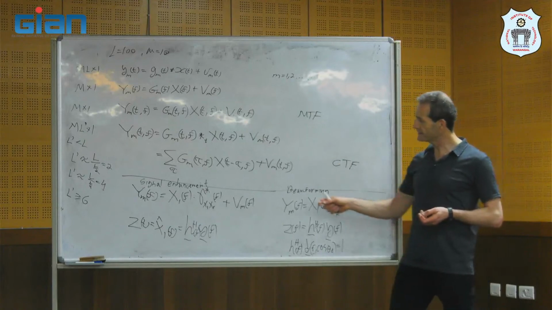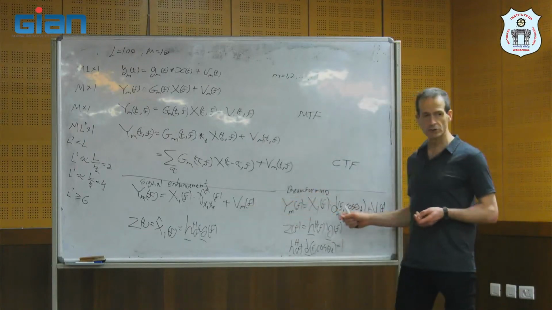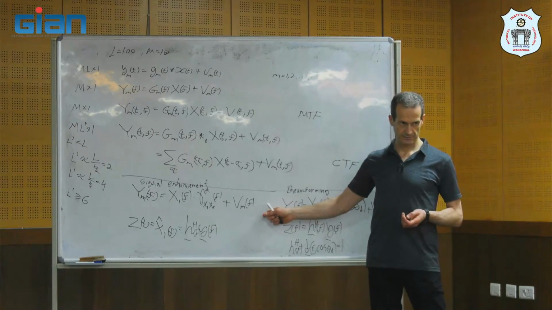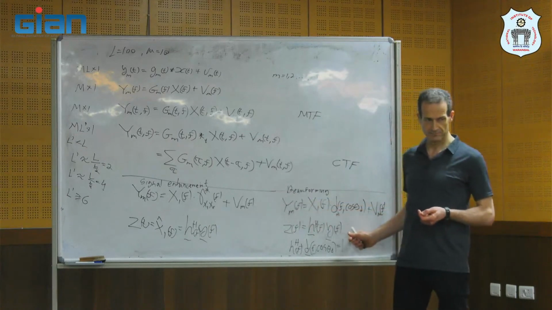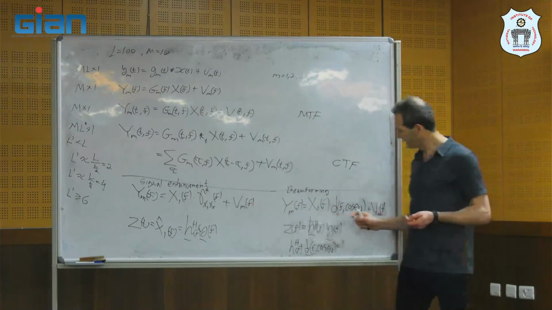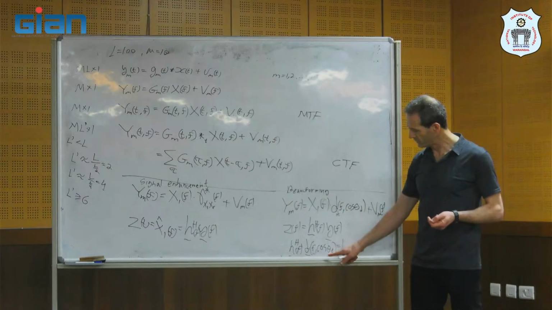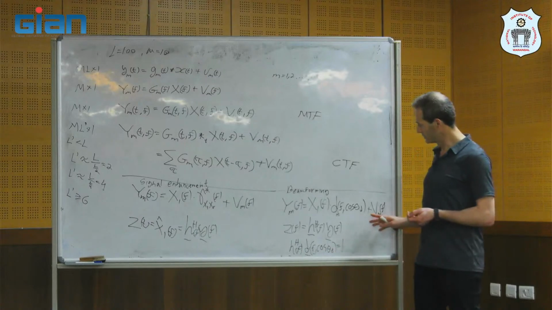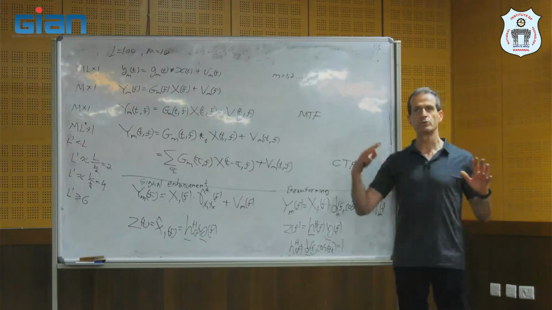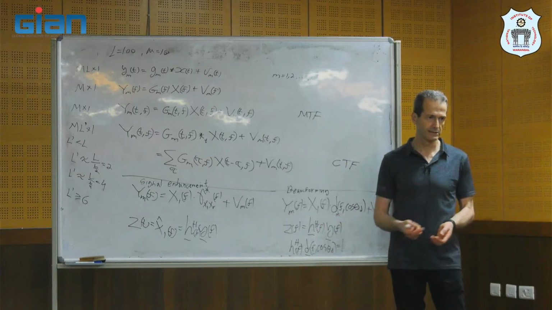And in both cases, we can reduce noise. But it's not the same. Because here we will reduce noise that doesn't come from this direction. So if we don't know what the noise is, we try to reduce noise from all directions.